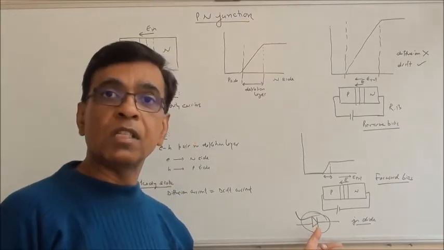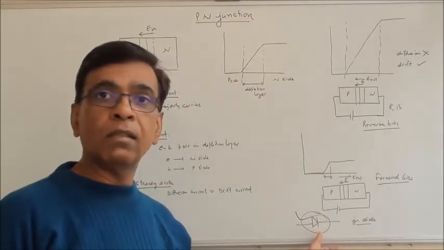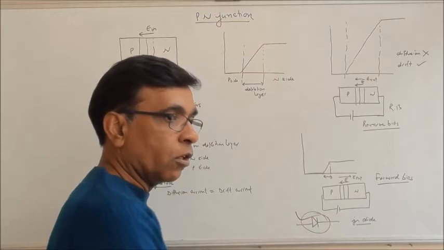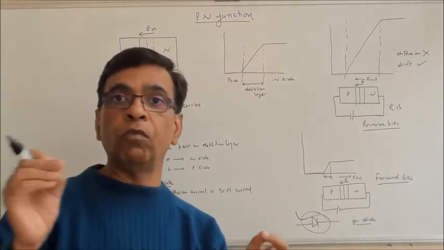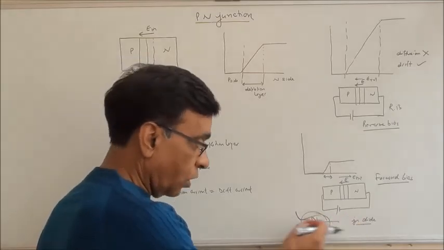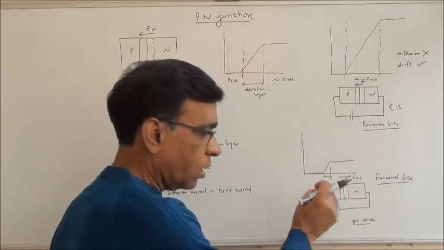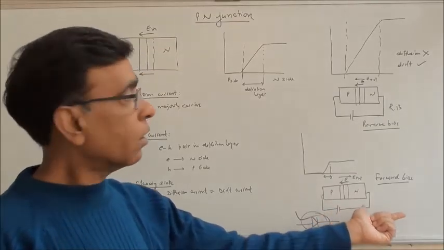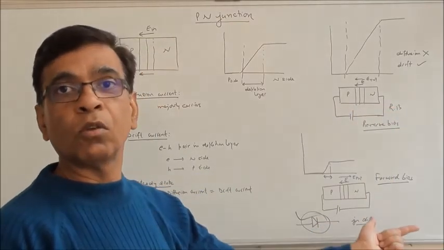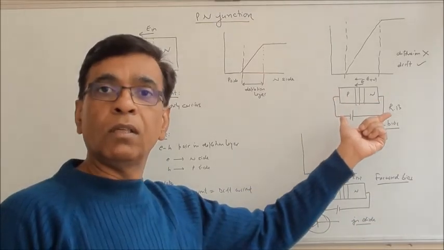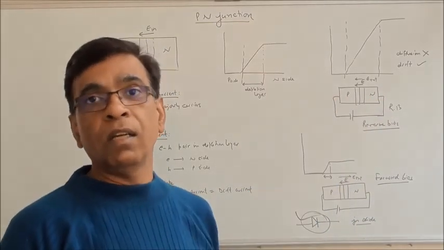This is the P side, this straight line is the N side, and the arrow tells us the direction of current that will flow through the diode. Current doesn't flow in the opposite direction; it flows only in this direction. Current flows through it when it is in forward bias, and it doesn't flow through the PN junction when it is in reverse bias.